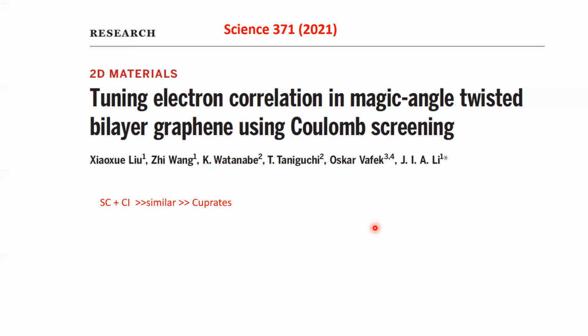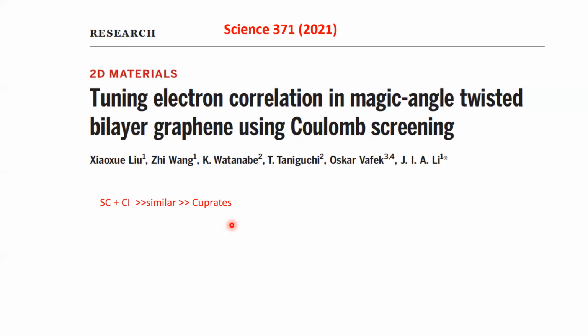The phase diagram of twisted bilayer graphene, the relation between superconductivity and the correlated insulators, is in many ways similar to the cuprates. And in cuprates, superconductivity is in fact unconventional, meaning that the order parameter is not the correlation between electrons and is not the coupling between electrons and phonons.